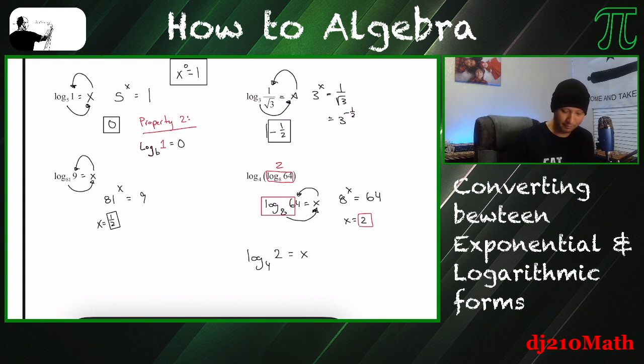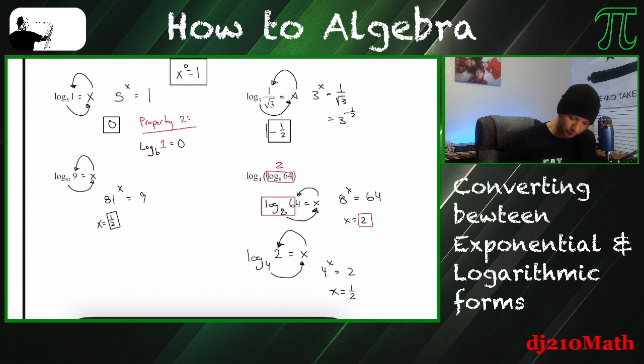Again, not the same x that's up here, a completely different x. 4 raised to that is equal to 2. So 4 raised to x is equal to 2, and in this case x is equal to 1/2 because the square root of 4 is 2.